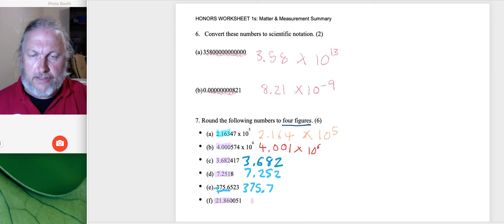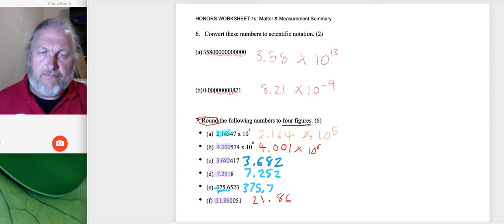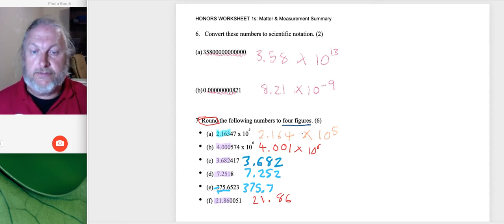I look to the right. It's a 0, so I don't do any rounding. I just write the number in: 21.86. All it's asking me to do is round the numbers to how many figures? It tells me 4 figures. There you go, that's that one.